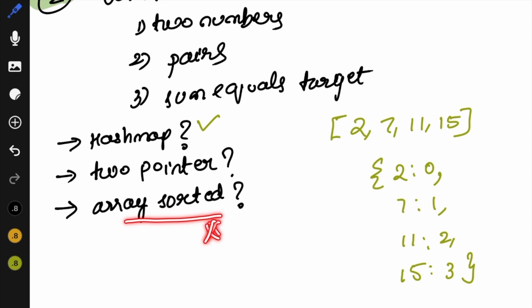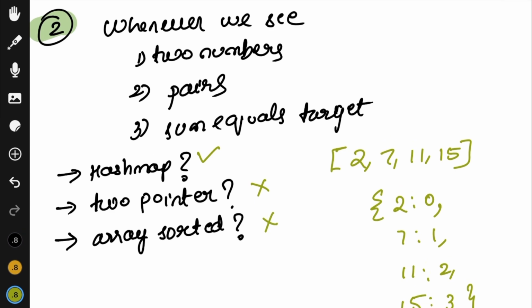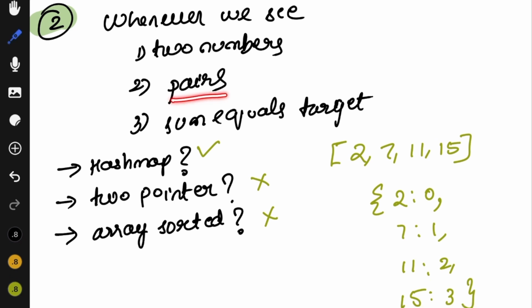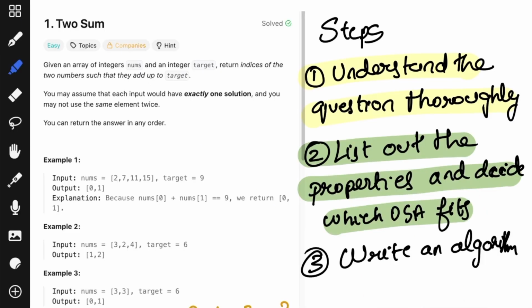If we sort the array, then the indices of the values might shift. We don't want that. So we're going to drop the idea of two pointer and sorted array. Now what have we established here? Whenever there is a pair problem or a target sum problem, or we need a fast lookup, we will go with a hash map. Now let's move to the third step, that is writing an algorithm.